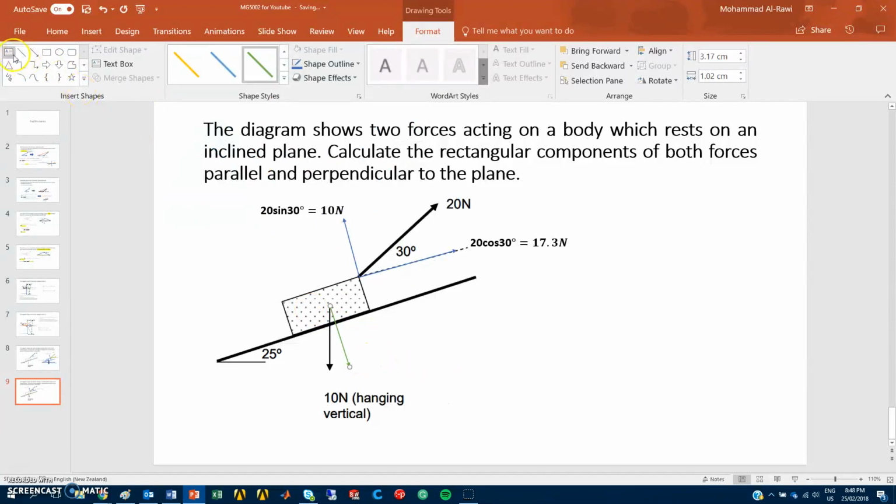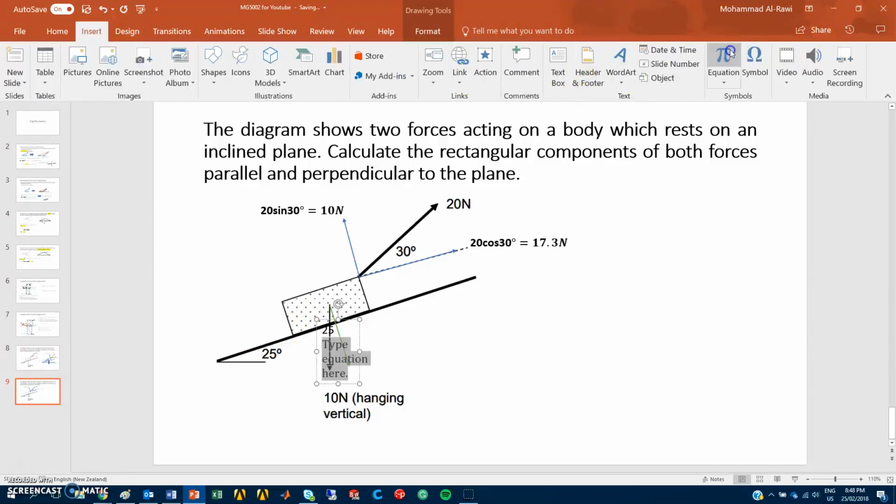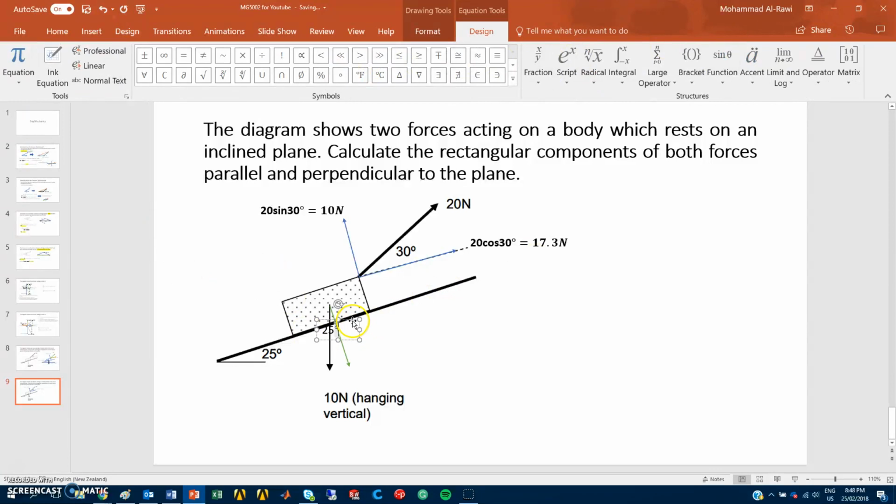and then I'll try to determine the value for it. Now, before we determine the value, we need to remember that this angle, by replacement with the 25 degrees, will be equal to 25 degrees. And again, I will just insert the symbol for that. So this tiny angle is equal to 25 degrees, this here.